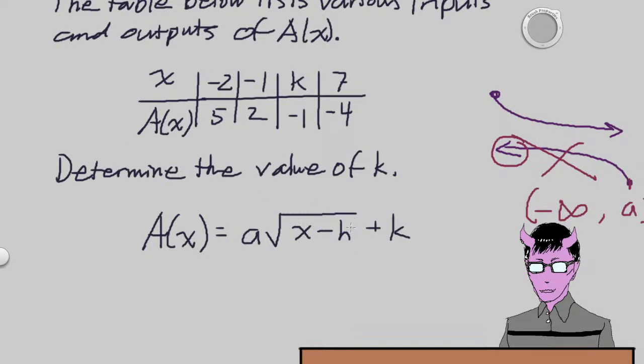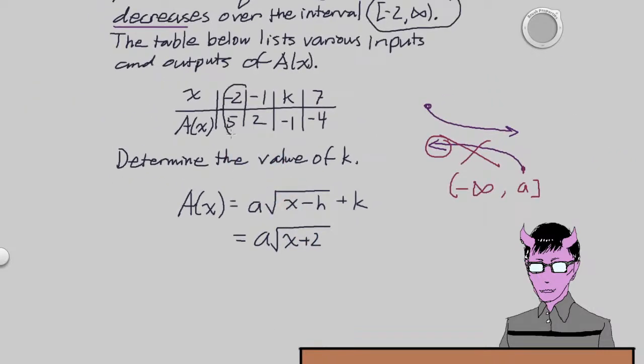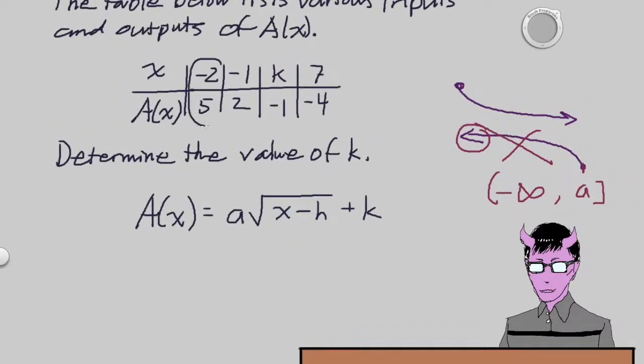So here's a -2, the h value is -2 then, so we have x plus 2, right? Is it safe to do that? I think it is, if we know that this is the tip. But let's not assume that. Let's not jump to so many assumptions at the moment. So what we're going to do instead is this is going to be one data point, point 1, and then this is going to be another data point, point 2.